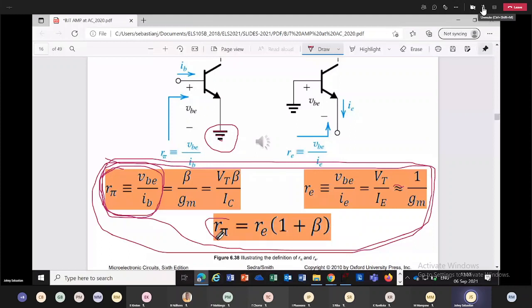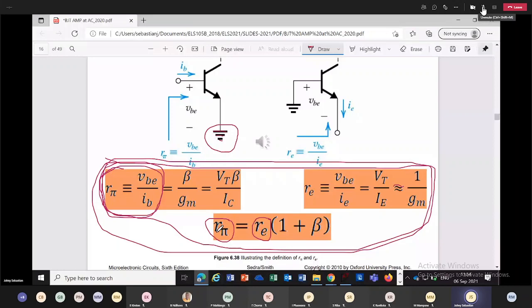This is like saying emitter current equals base current times 1 plus beta. We have seen it. This is the same thing, repeating again for the impedances.